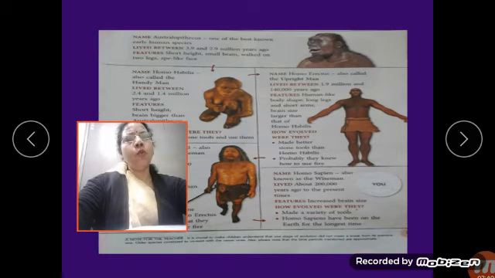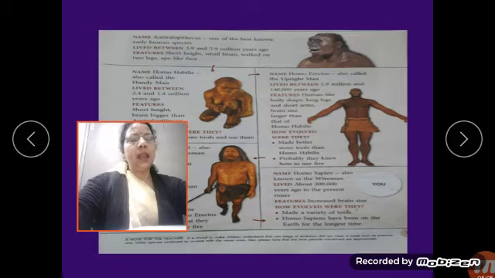Homo habilis also had short height. They had a brain bigger than Australopithecus. They were more brilliant than Australopithecus.